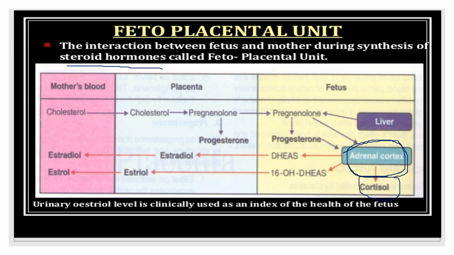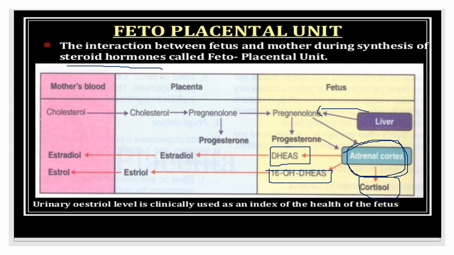But some of the pregnenolone enters the fetus, and along with the pregnenolone that is released from the liver, it will act as a substrate to form dehydroepiandrosterone sulfate, these androgens, and 16-hydroxy dehydroepiandrosterone sulfate.